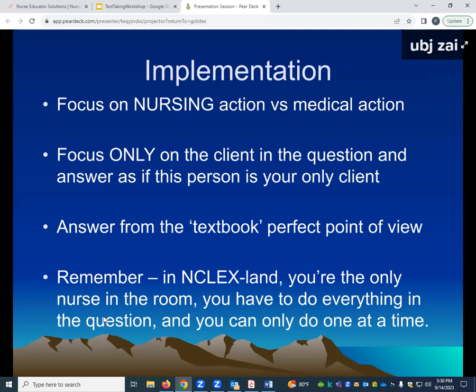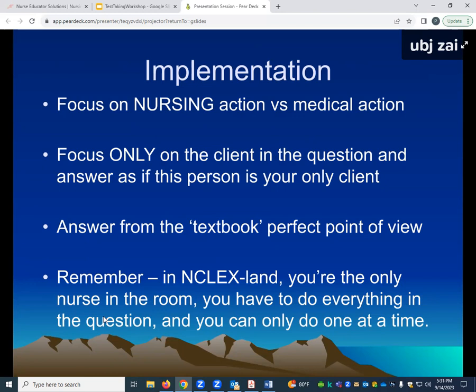Focus only on the client in the question. Answer as if this person is your only client, which is not real world. Answer from the textbook perfect point of view, which means that even if you had this particular medical condition and you had a specific symptom, it doesn't mean that it is a textbook symptom for that disease. Well, grandma had this when she had her gallbladder problems.